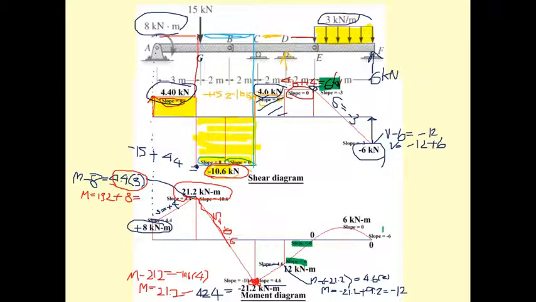Also, you know that point E is the hinge, and the hinge has a moment of 0. So you can easily derive this as 0.